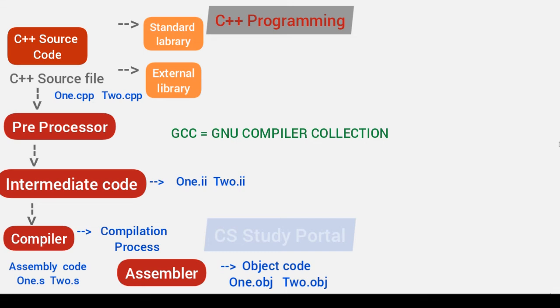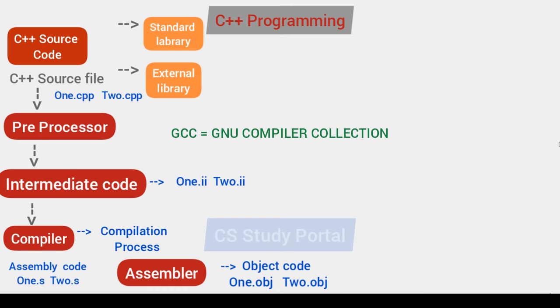The object file generated by the assembler will have the .obj file extension on Windows and the .o extension on the Unix platform. Now here for the file 1.s, the object code will be 1.obj, and for 2.s, the object code will be 2.obj. Now for every source file that you have in your program, there will be an object file for it.